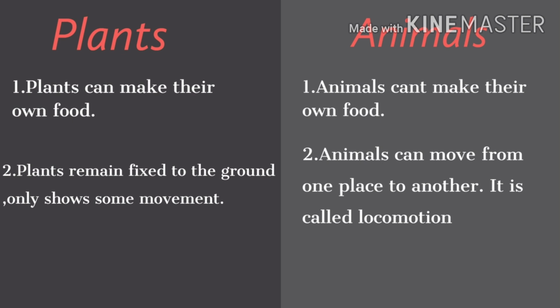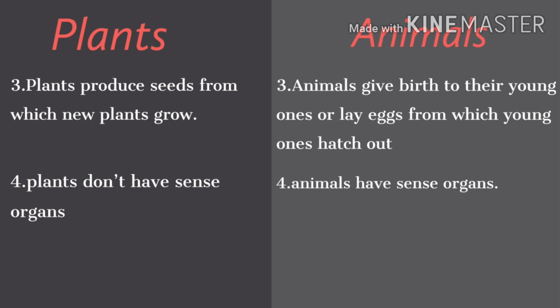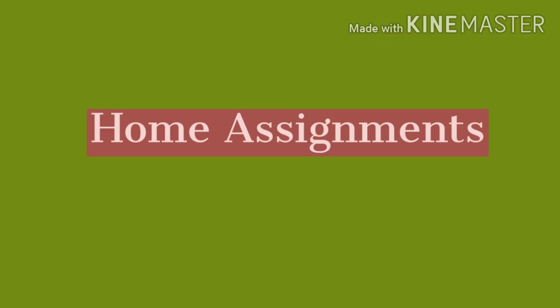It is called locomotion. Number 3. Plants produce seeds from which new plants grow, but animals give birth to their young ones or lay eggs from which young ones hatch out. Number 4. Plants don't have sense organs, but animals have sense organs.